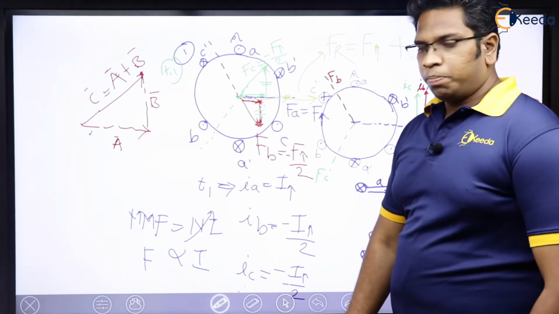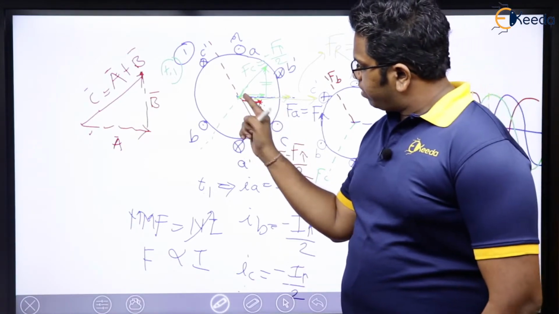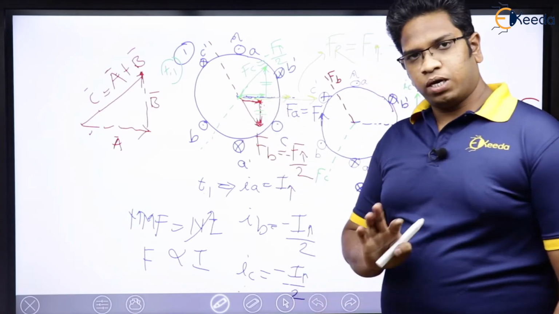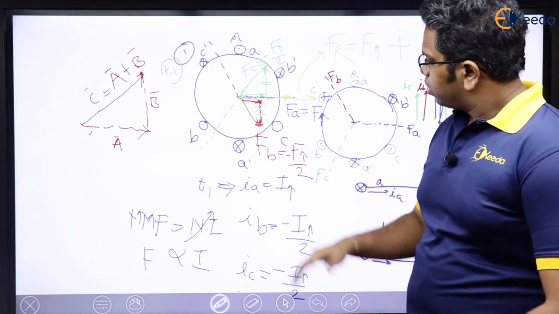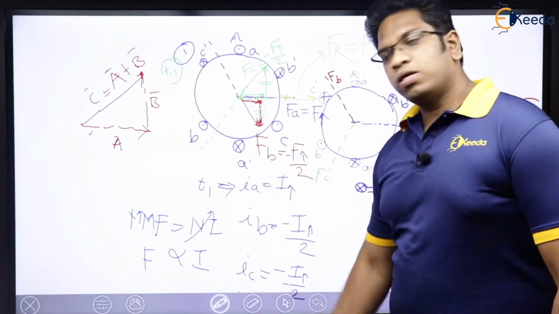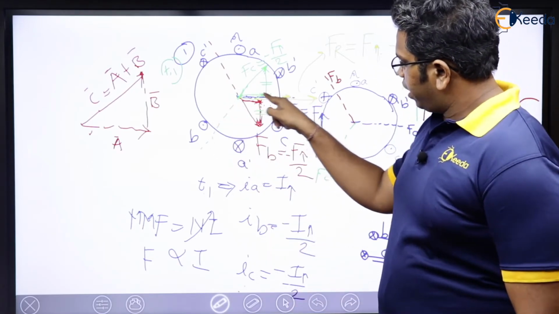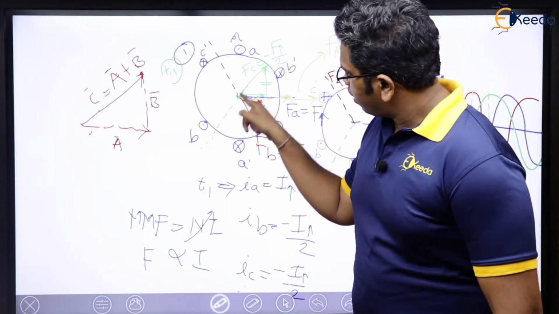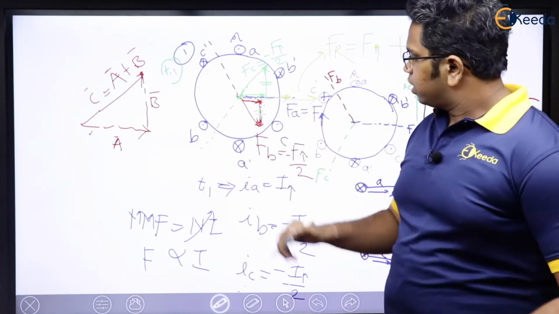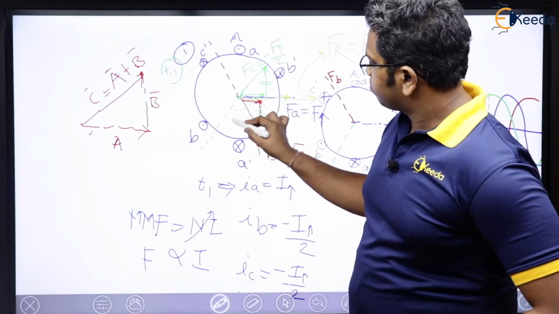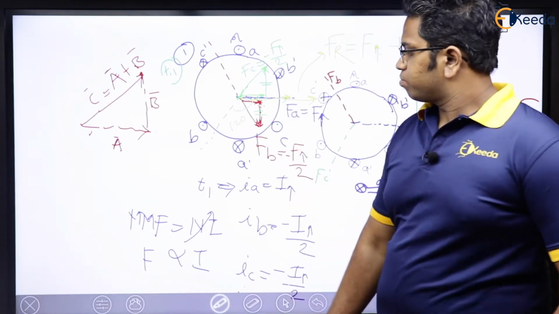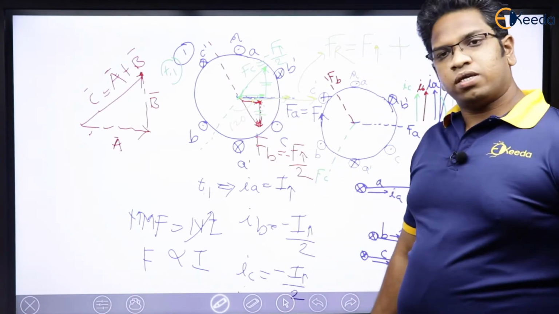Now you please tell me what will be the value of this component. Let us discuss. See here, from here to here, how much is the angle? Angle between this FA and this FC, how much is the angle? This angle is 120 degrees, right? This angle is 120 degrees.